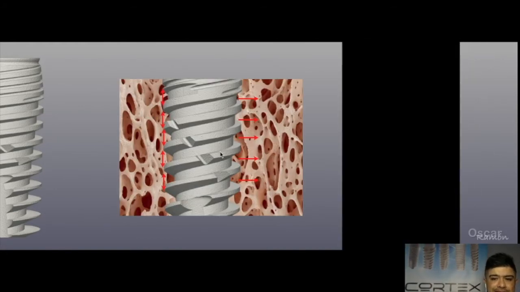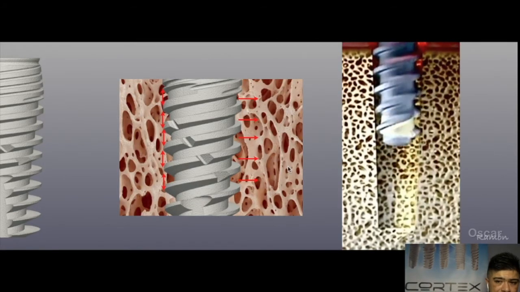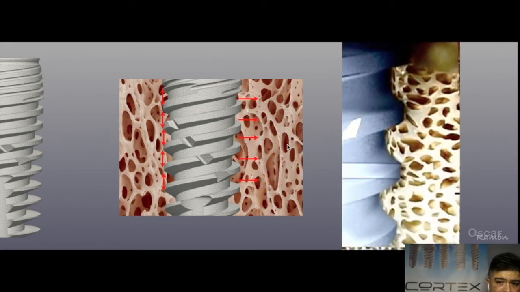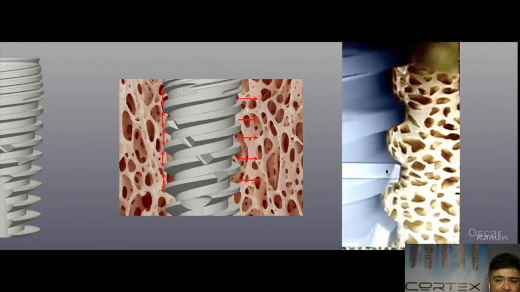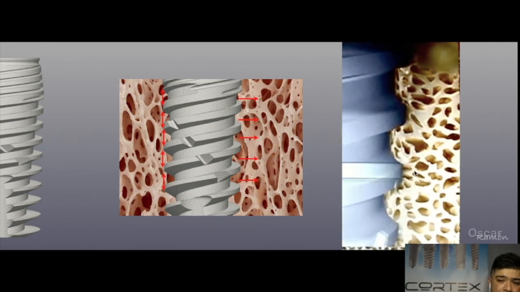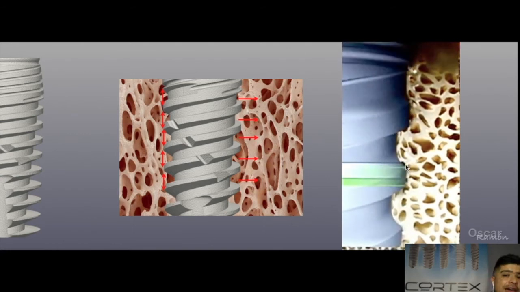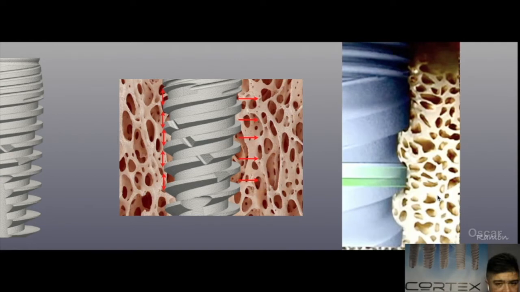Also, the dynamics implant is a very good implant for this kind of soft bone because, look, when you insert the implant, they are a compressive implant against the bone, and you can get more primary stability.